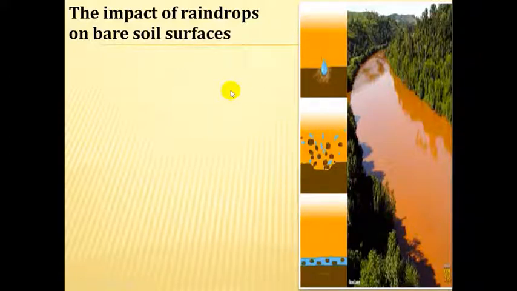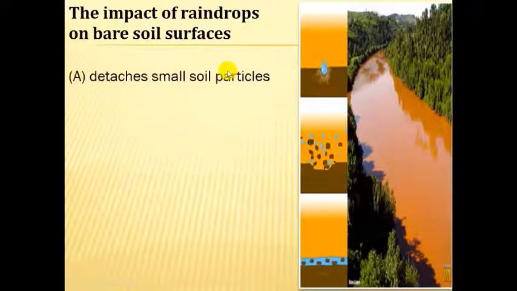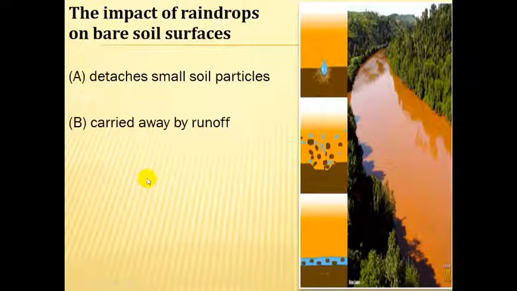Let's see now the impact of raindrops on a bare soil surface. Look at this picture. You will see here there are three stages in which these impacts of raindrops on bare soil surfaces happen. The first one is detaching small soil particles. The second one is that these detached soil particles are carried away by runoff.